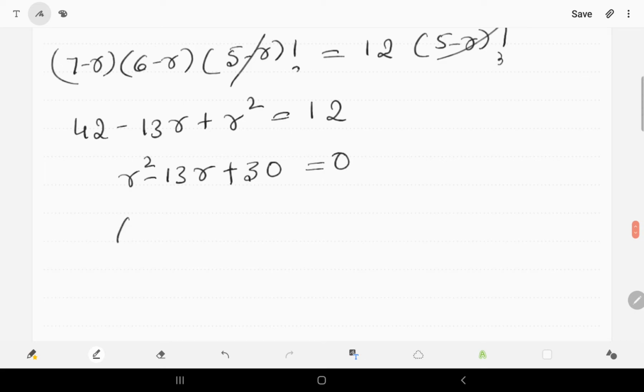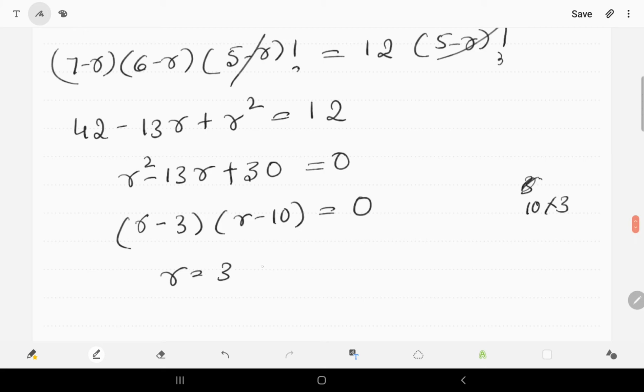The product is 30 and the sum is 13: 10 into 3 is 30, 10 plus 3 is 13. So (r minus 3) into (r minus 10) is equal to 0, or r is equal to 3 or 10.